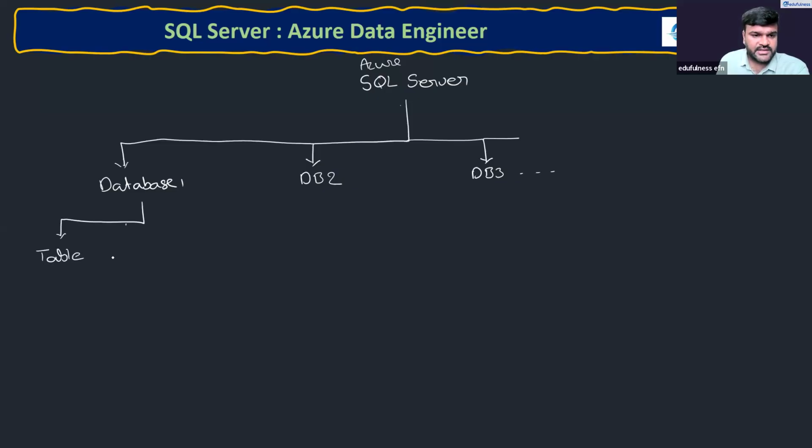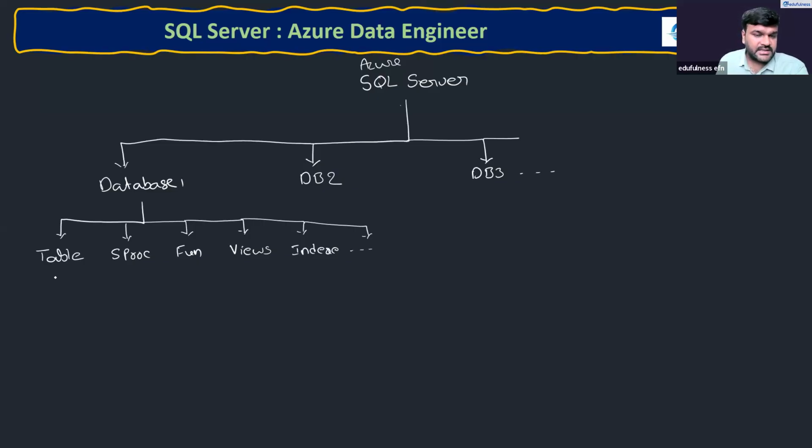You are going to have stored procedures where you are going to write the logic. You are going to have functions, system defined, user defined. You are going to have views, logical tables. You are going to have indexes for quick search. So like that, you are going to have multiple things.